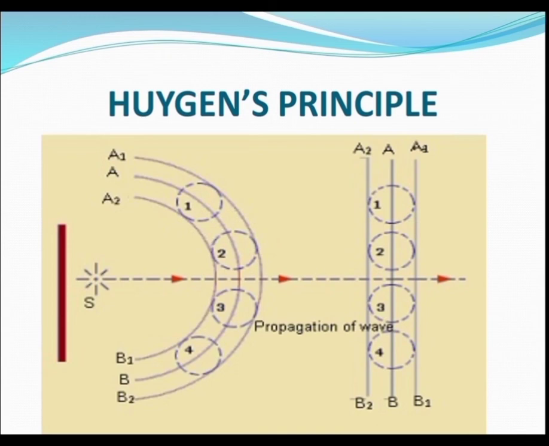When we are at a very long distance from the source, we get a plane wavefront as shown in the diagram. At the same time, it is clear from the diagram that rays of light are perpendicular to the wavefront.